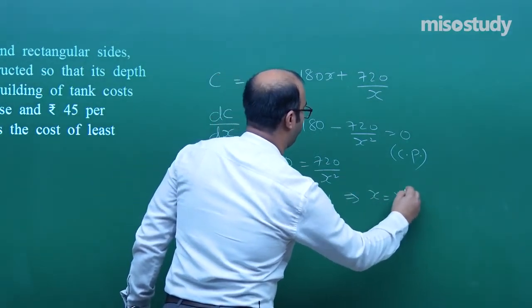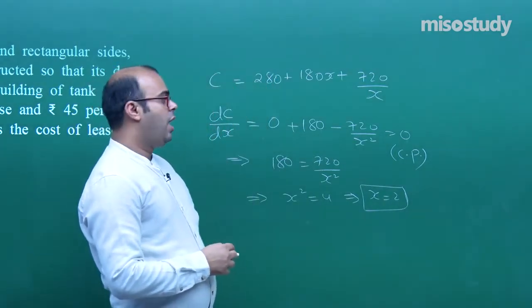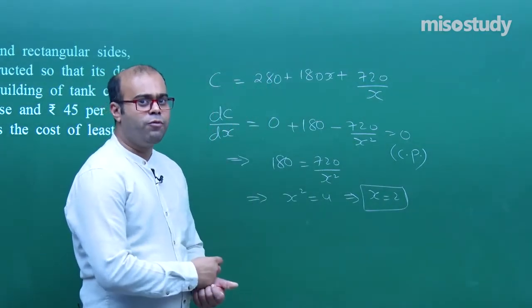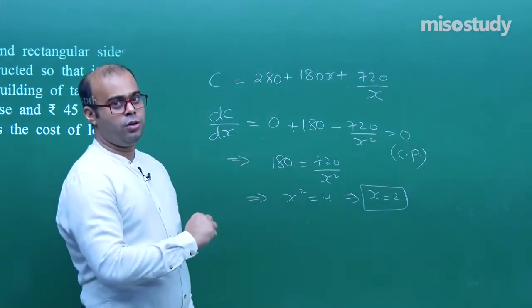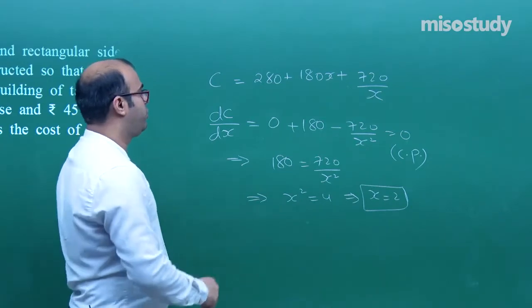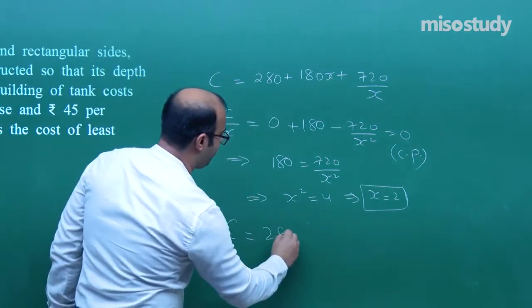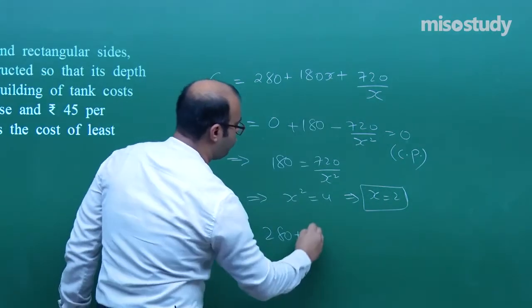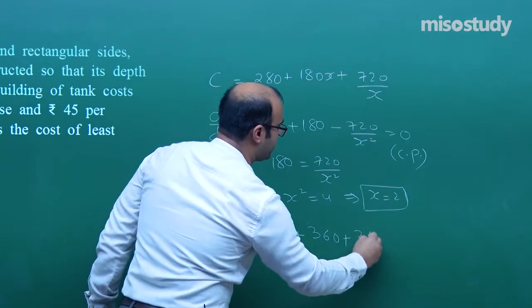the base is 2. So if you take the length of the base as 2 meters, and obviously in that case the breadth will also be 4 by 2, that is 2 meters, you will get the minimum cost. So the minimum cost is 280 plus 180 into 2, which is 360, plus 720 by 2, that is also 360.